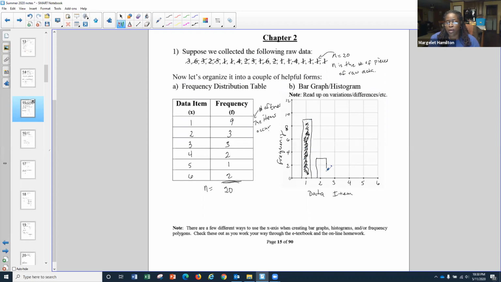Okay. All I'm doing is transferring our data from our frequency table into our bar graph, right? Then we have 3 lines up with 3 as well. So here we are right here. 3 and 3. Okay. 4 and 2. That's right on the line. That's good.